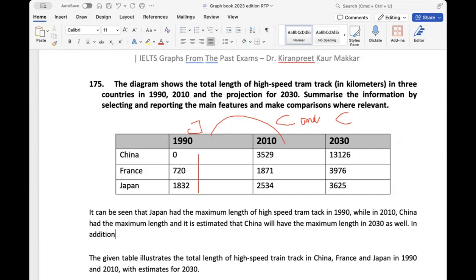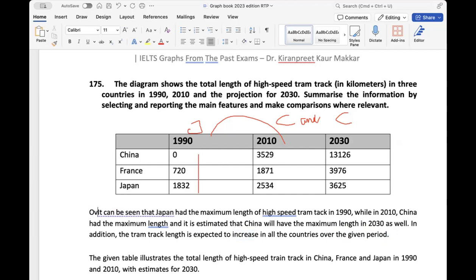In addition, the tram track length is expected to increase in all the countries over the given period. That's it. Nothing complicated. Over the given period, which sentence does it come in? I have to tell you again and again. Increase. It doesn't come in the maximum sentence. That's it. Remember that.